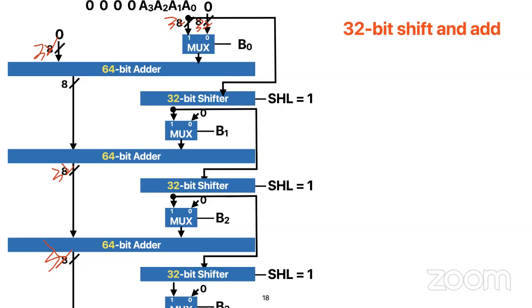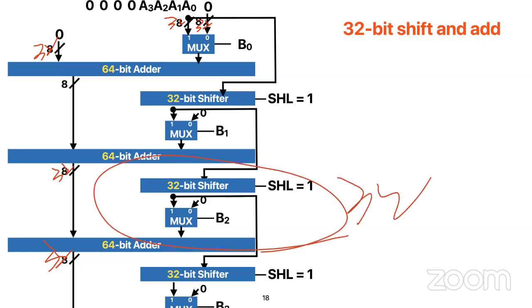So how much delay do we have to spend in one of these? Can you tell me, for this mux, how many gate delays? Or in general, what's the gate delay for every mux?